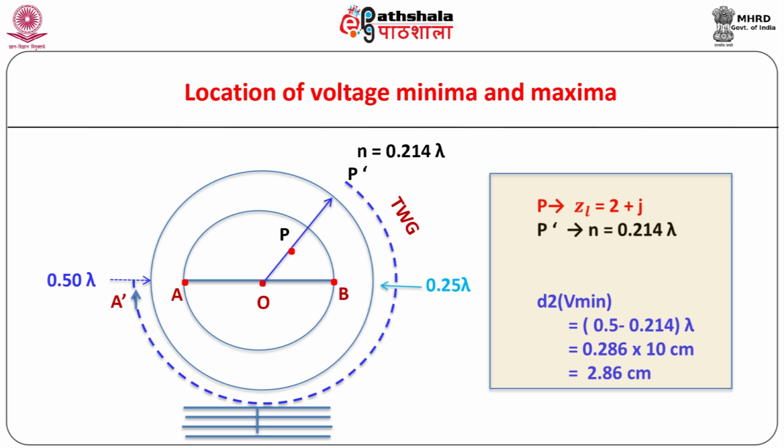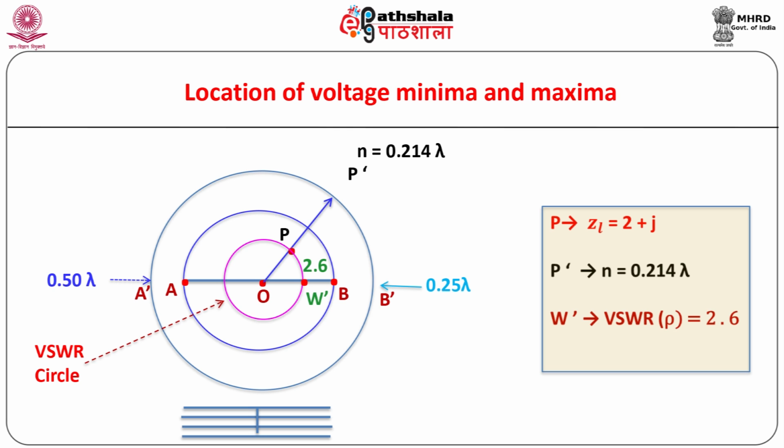In this problem, it will be simply the difference between 0.5 lambda and n equal to 0.214 lambda, which is 0.286 lambda. This gives the location of the first Vmin on the line from the load. Thus, we have d2 equal to 0.286 lambda, which is 2.86 centimeter.